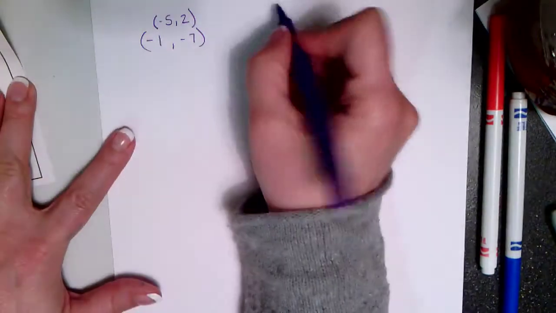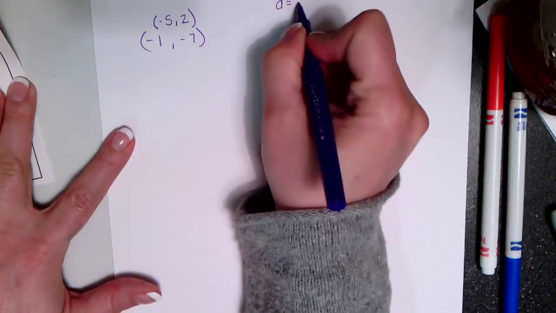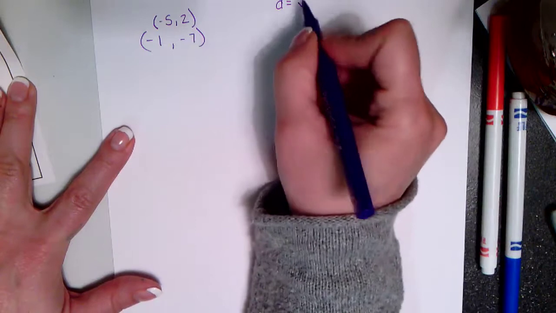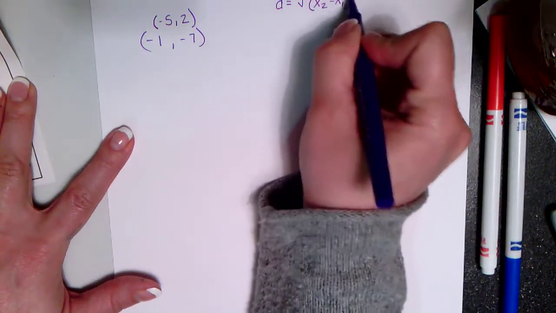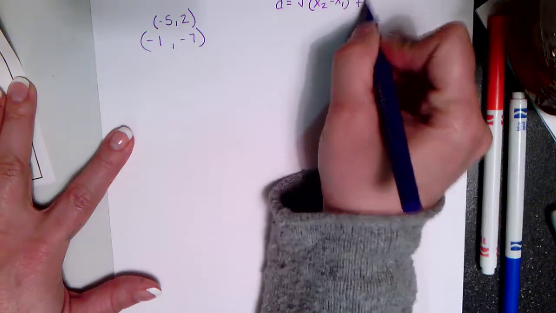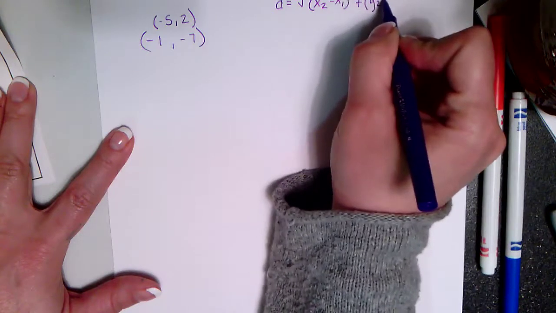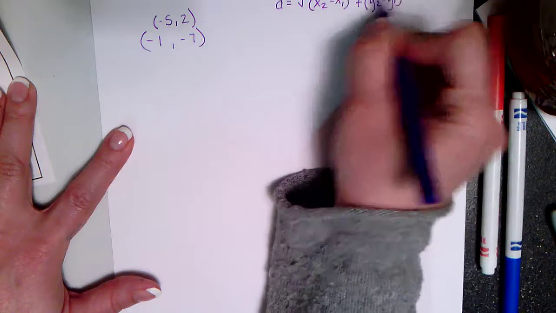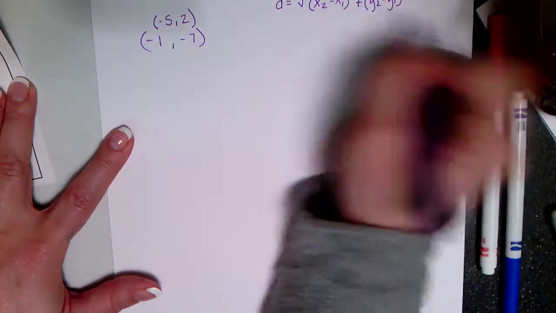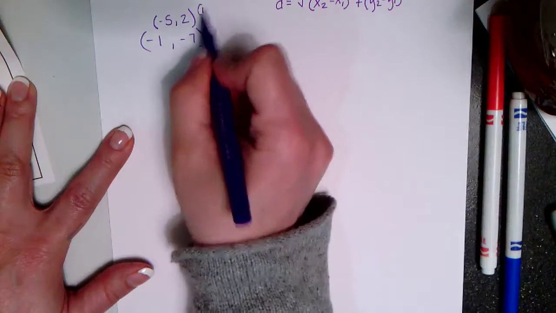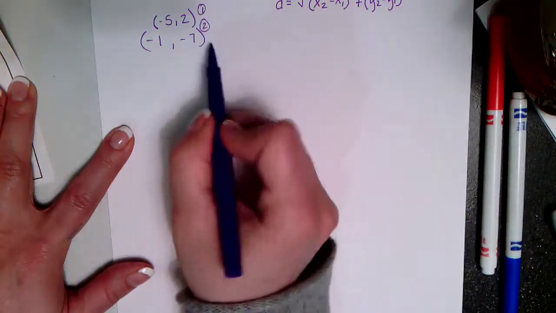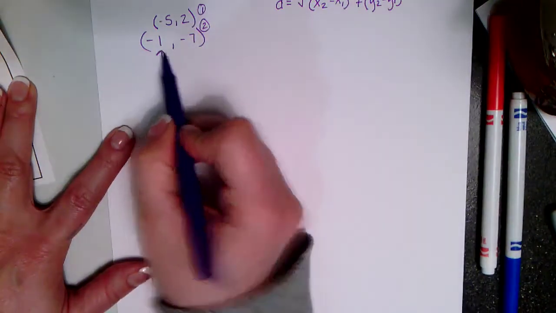So my distance formula, again though, I just need to take my x's and y's and plug them in. So it's x2 minus x1, squaring that, adding y2 minus y1, squaring that. Okay, so again, if this is my first point and this is my second point, my x2 is going to be right here.